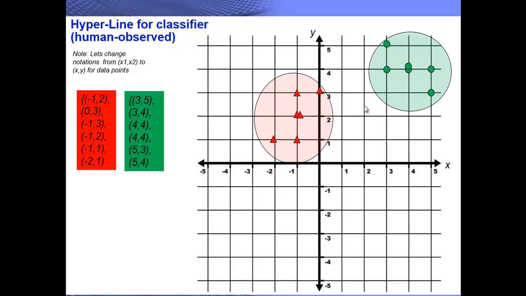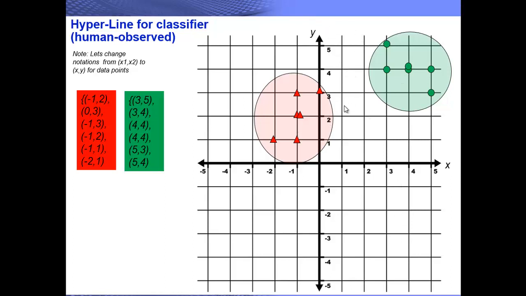Now here we can see the vicinity, the cluster of the two classes. This is the vicinity of the cluster of the red data, and this is the vicinity of the green circle data. I want to find the hyperline which will separate these two classes, and it's very easy.